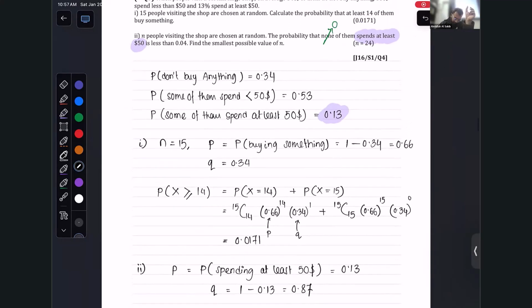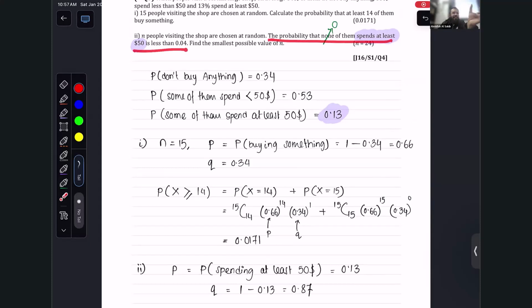Suppose I ask you, in this line, in English grammar, which one is the subject here? None of them spends.